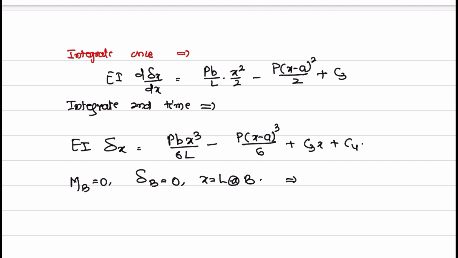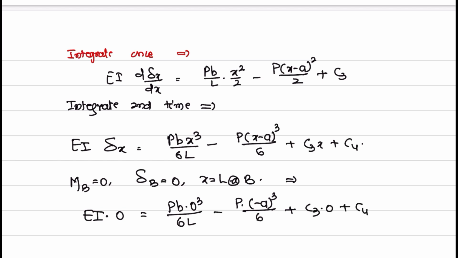Delta B is equal to 0, that means EI into 0 is equal to PB into L cube by 6L minus P into L minus a whole cube by 6 plus C3 into L plus C4.